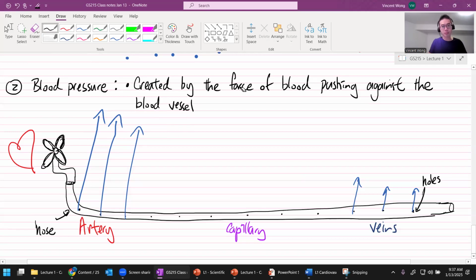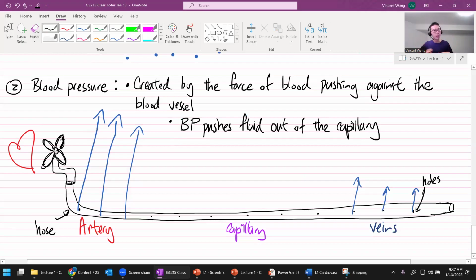So the effects of blood pressure: first of all, it's created by the force of blood pushing on the blood vessel. Number two, the effect is that blood pressure, BP, pushes fluid out of the capillary. Not pushing blood out. You're not bleeding all over the body.